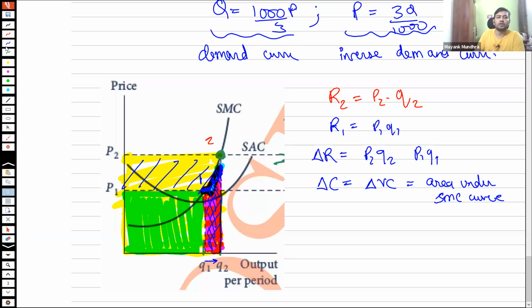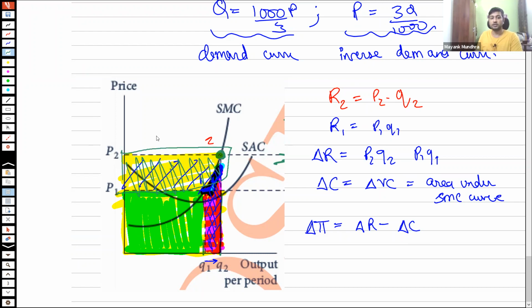So the change in profit is going to be delta R minus delta C. Increase in revenue minus increase in cost. Now, as you can see, change in revenue is larger than change in cost. So the change in profit will actually be this much.